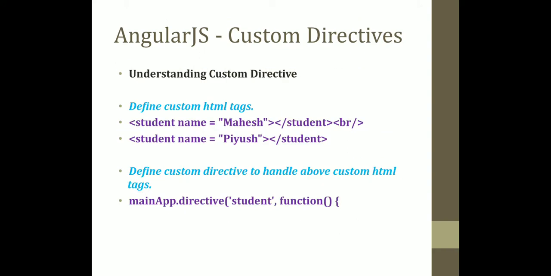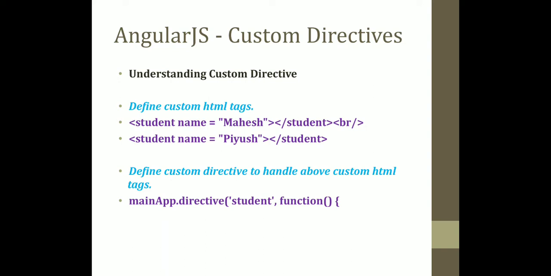So first we will see how to understand the custom directive, and as told, we have to go through many things while executing this custom directive program. So the first part will be defining custom HTML tags. Simple tags we can use are like student name equals Mahesh, and close that student tag, break, and another student tag with the name Piyush.